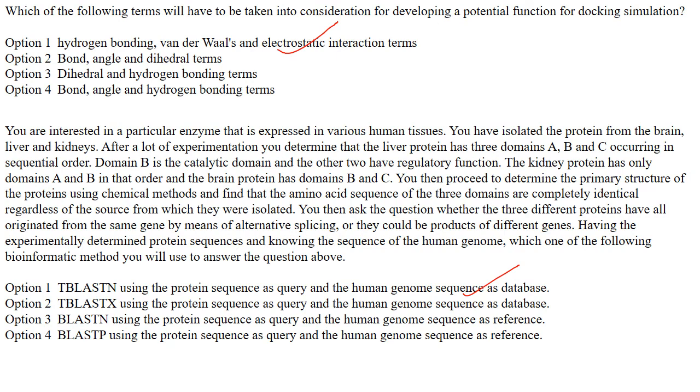Then a question arises in your mind whether the three different proteins have originated from the same gene by means of alternative splicing, or they are products of different genes. So, which of the following bioinformatic methods will be useful to answer the above questions? TBLASTN using protein sequence as query and human genome sequence as database. That is the answer.